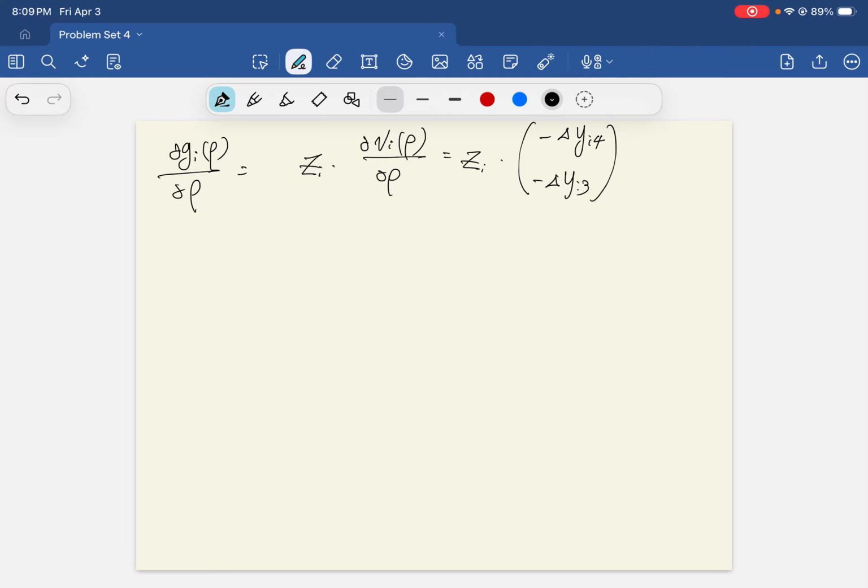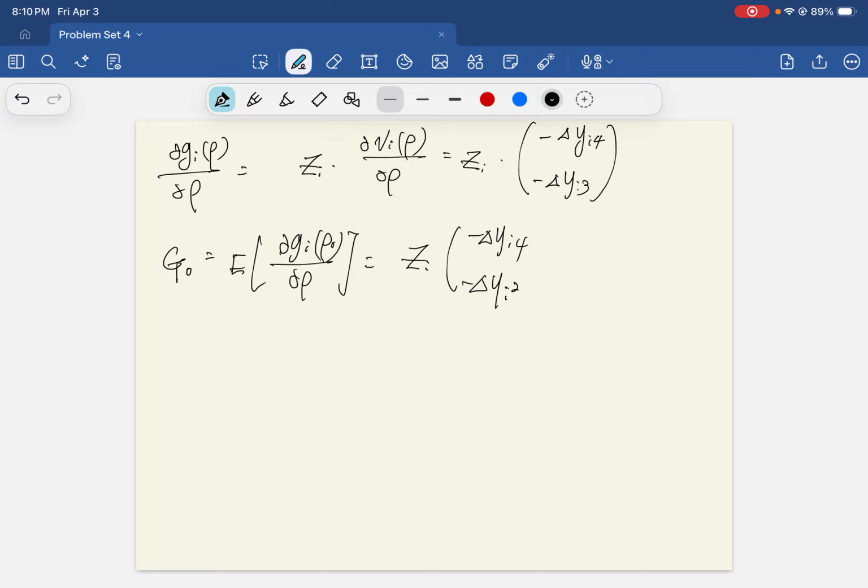And Z is a bunch of y_i2, y_i1, 0, 0, 0, y_i1, so it is another matrix. In the end, it does not depend on any parameter, so pretty simple. Therefore, G_0 is the expectation of the derivative, but the derivative does not depend on any value, right? So minus delta y_i4, minus delta y_i3.